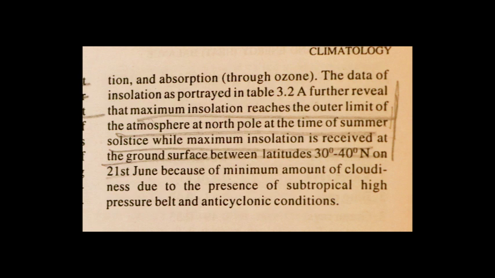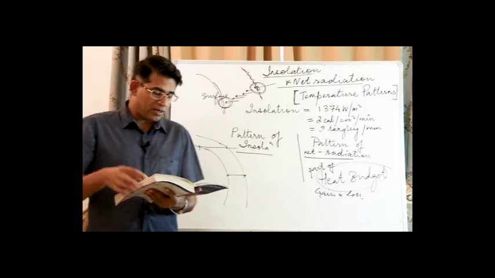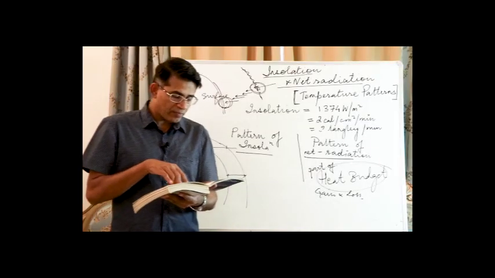It says further, the table further reveals that the maximum insolation reaching the outer limit of the atmosphere is at the North Pole at time of summer solstice, while the maximum insolation is received at the ground surface between latitude 30 and 40 degrees north. Now, let me explain this to you.